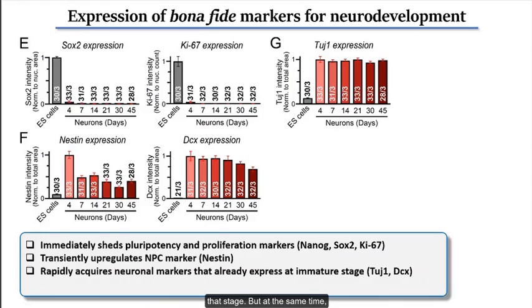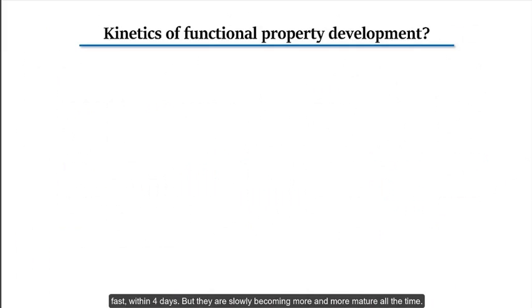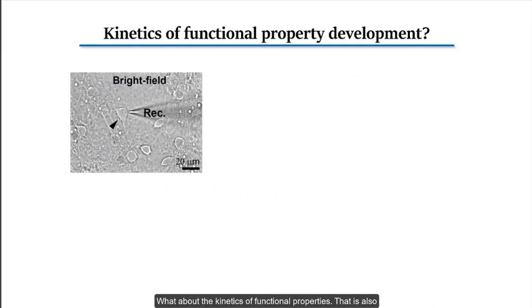At the same time, they rapidly acquire neuronal markers like TUJ1 and doublecortin that are supposed to be expressed in the immature stage. However, mature neural markers like MAP2, NeuN, and synapsin show the same trend: they're gradually getting up and up. So they're becoming neurons very fast within 4 days, but slowly becoming more and more mature over time.